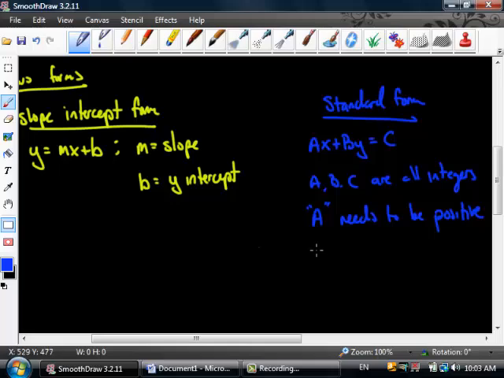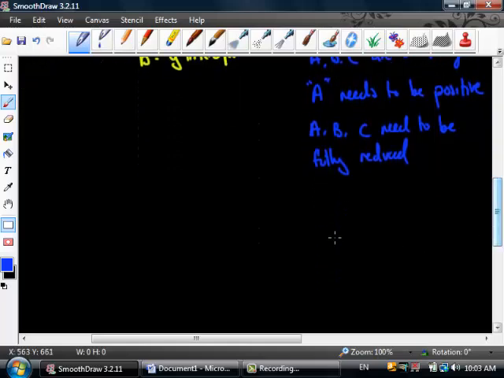And then the last thing, which rarely ever comes up, is that a, b, and c need to be fully reduced. Okay? And I'll give you an example of that right now. What does it mean to be fully reduced? What it means is that you cannot have, let's say, 3x plus 9y equals 15.